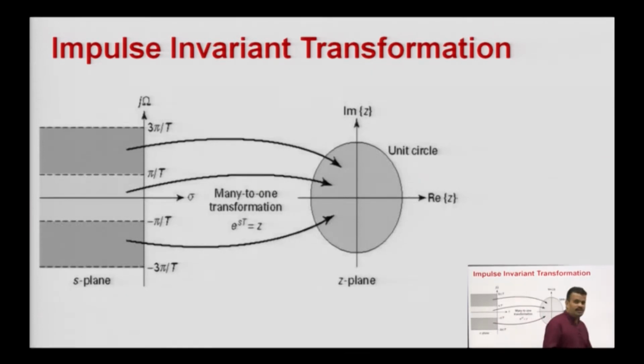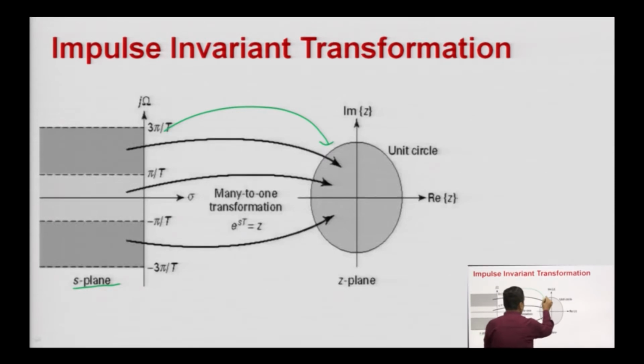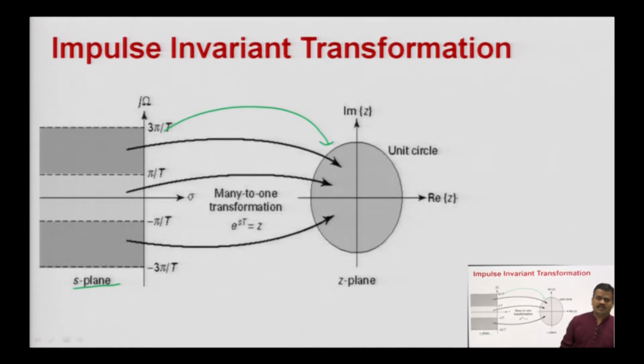This is the mapping diagram. You can see in my PPT how you map, transform, and convert your S plane into the Z plane. These values are available in the S plane, or you can say these are your analog filter values. You are partitioning and sectorizing here, and converting these S plane values into the Z plane of the unit circle, because whenever you draw the Z plane, it can be recognized by its unit circle.